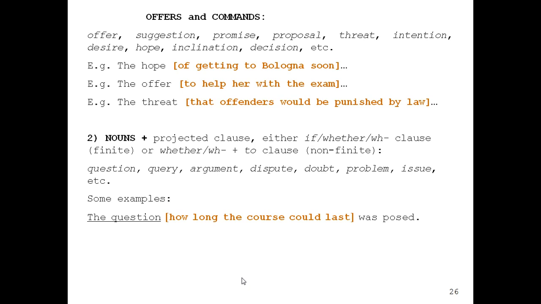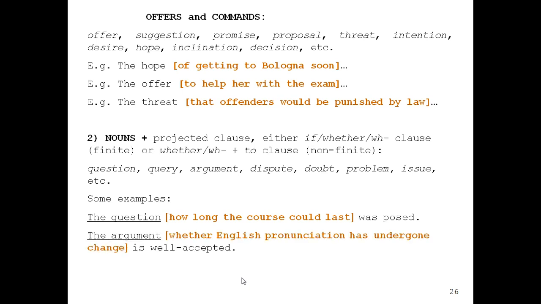How long the course would last is embedded into the question. If you take it out, we don't know which question it is. The argument, if or whether English pronunciation has undergone changes, is well accepted.